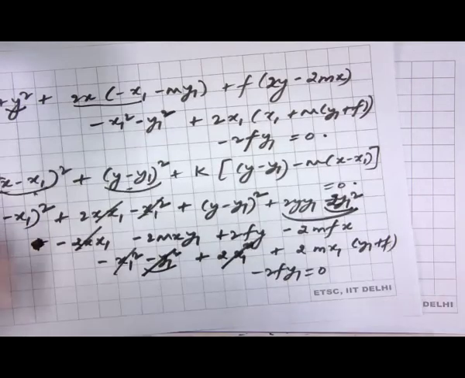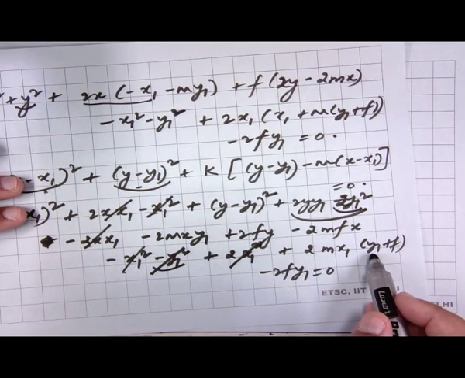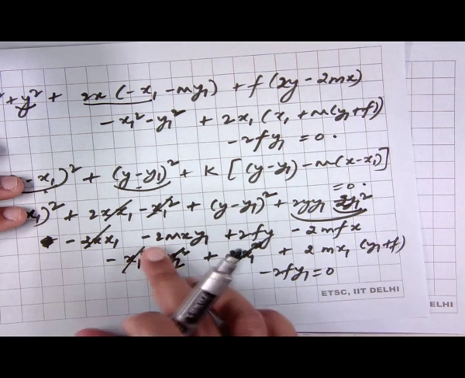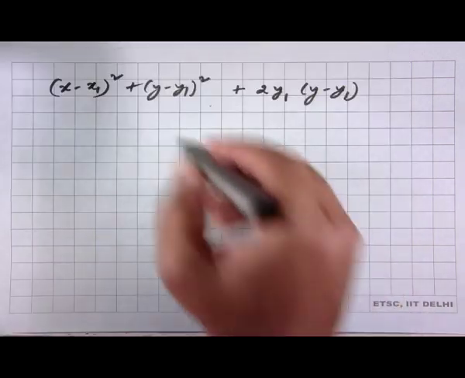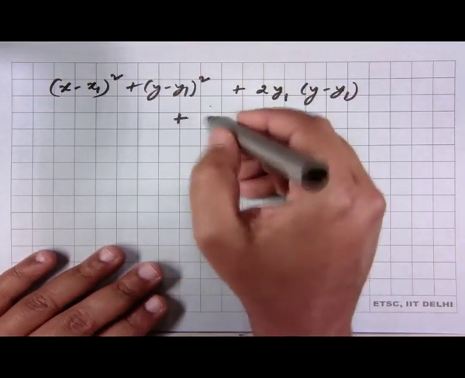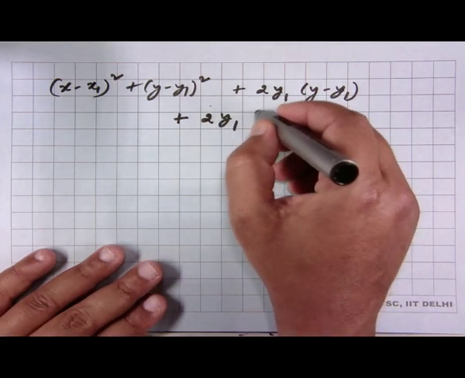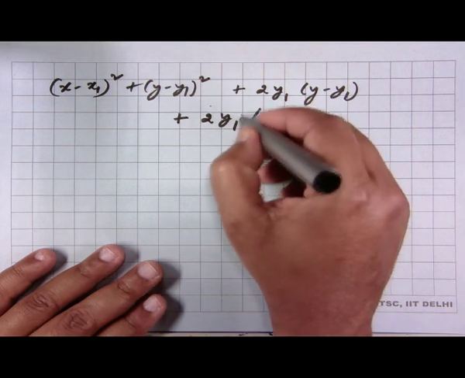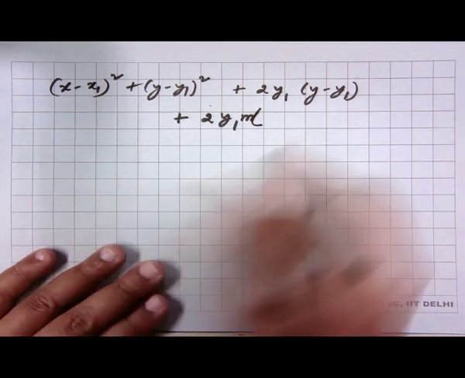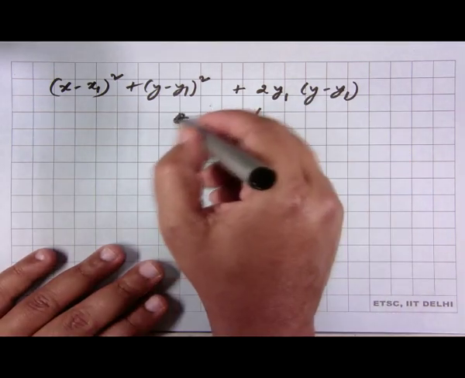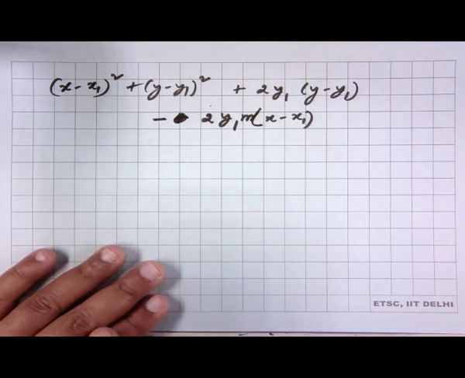Further, the term 2mx1 y1 and minus 2mx y1 can be combined, and we get plus 2 y1 into m, minus x minus x1.